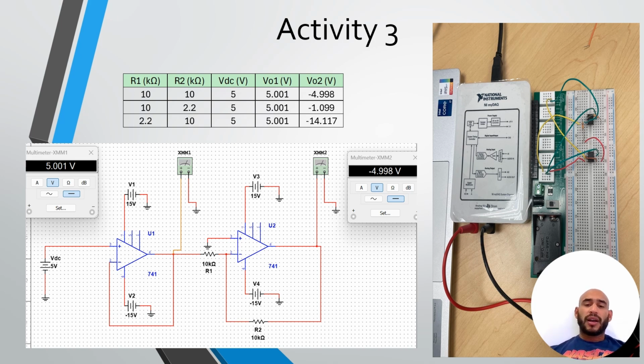In this case, we obtain negative 4.998, and that's what this circuit is doing. It's using the first op-amp to reduce the noise, so it keeps the same voltage that we're giving to the op-amp, and then the second op-amp inverts the signal.